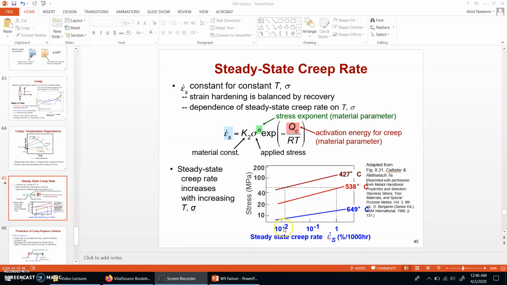So for example, if this much level of steady state creep rate is required, the stress level needed at 427 degrees centigrade is higher compared with the stress needed at 649 degrees centigrade. So this chart shows the dependency of the steady state creep rate on temperature and stresses.